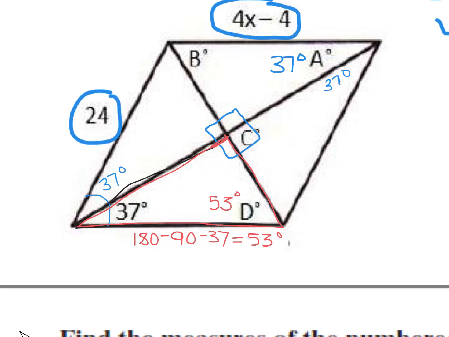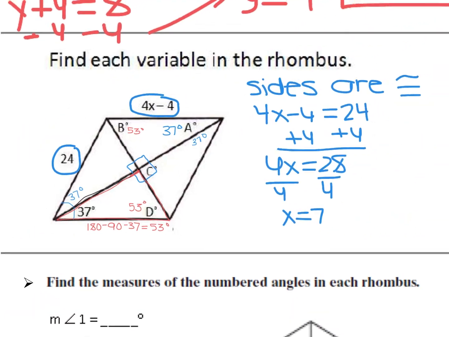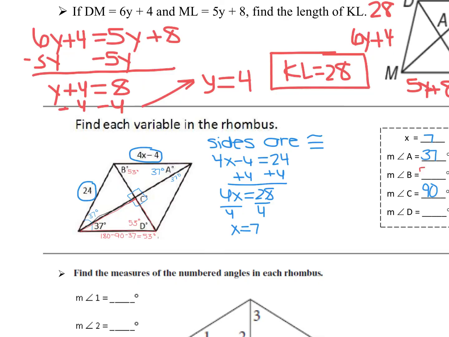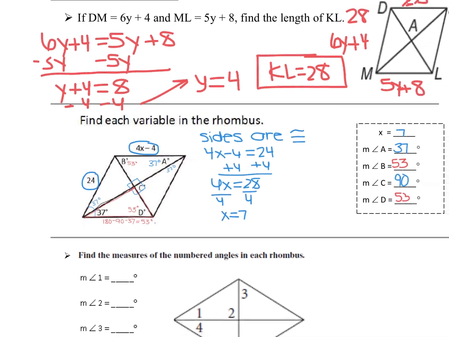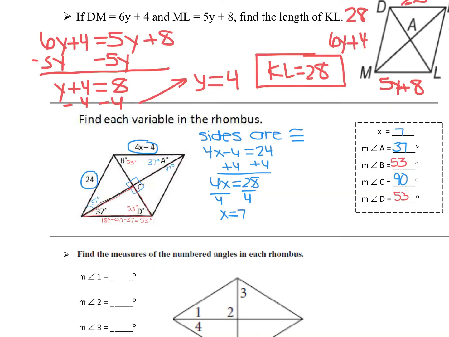So if D is 53 degrees, then B, which is opposite it, has to be 53 degrees as well. Okay, and that's the second question. Again, you can always pause this if you need.